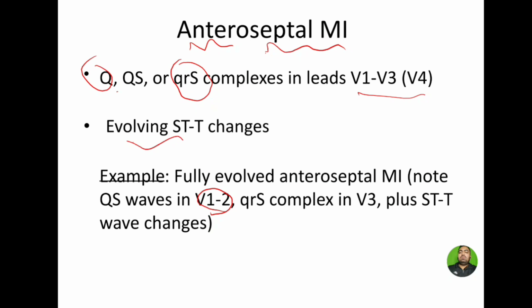There are evolving ST-T changes, and for example in that ECG slide that we had seen, there was a fully evolved anteroseptal myocardial infarction because there was the presence of evolved QS waves in leads V1 and V2, and small q, small r and S complexes in lead V3 plus ST-T changes.